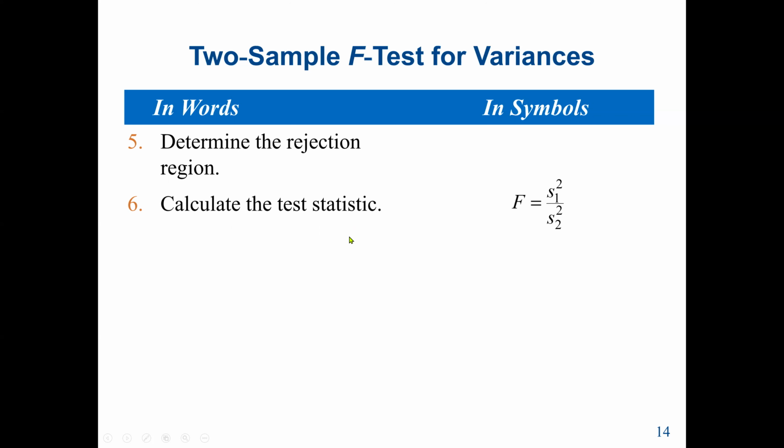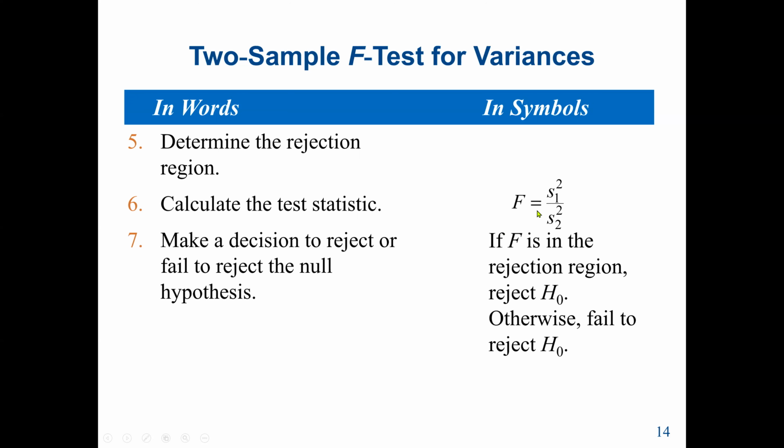With these three values, we can find the critical value. After that, we can draw our diagram and determine the rejection region. The next step is to calculate the test statistic using the formula, S1 squared over S2 squared, where S1 squared must be greater than or equal to S2 squared.